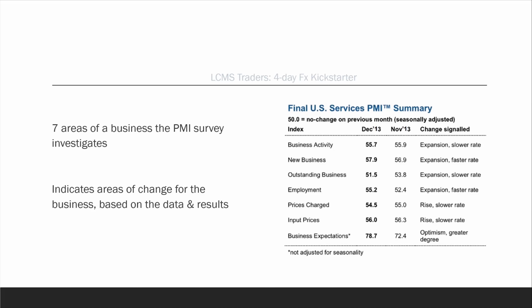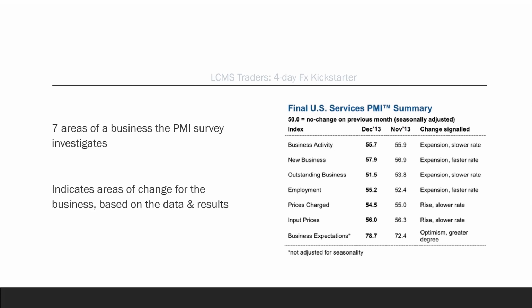So it's an expansion, but it's a slowing down of expansion. Or new businesses going from 56.9 to 57.9. It's an expansion and at a faster rate as well. All that put together and calculated comes to that number of whether it's over 50 or under 50, giving you the idea of whether it's an expansion or a contraction.